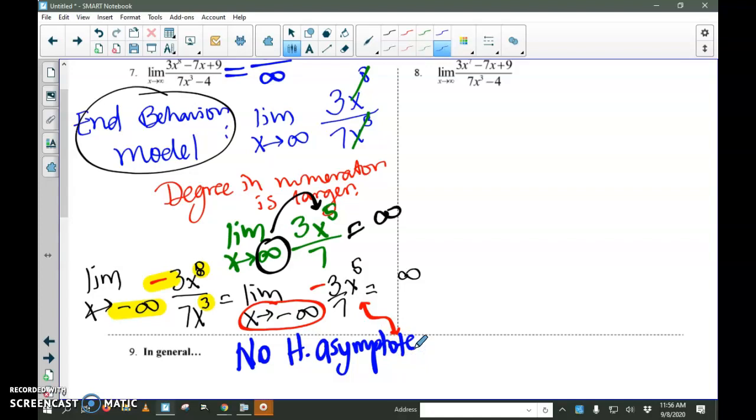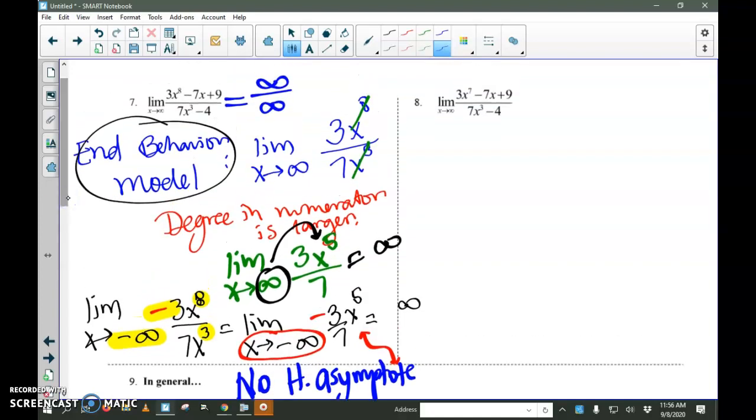All right, so last example here, number 8, the limit as x approaches infinity, 3x to the 7th minus 7x plus 9 over 7x cubed minus 4. Okay, again, if I were to graph this, there would be no horizontal asymptotes. I want to look at that end behavior model.